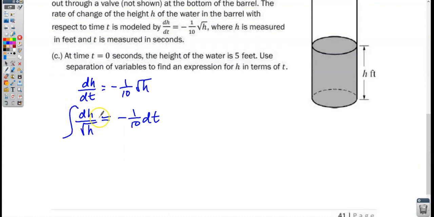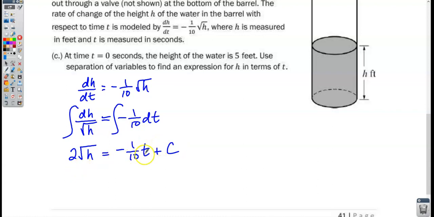I'm going to go ahead and integrate. The integral of dh over the square root of h is 2 square roots of h. Again, you can use substitution to do that. I just do mental substitution. I've done so many of these over the years that it's almost a no-brainer. And then we integrate the right-hand side as well.